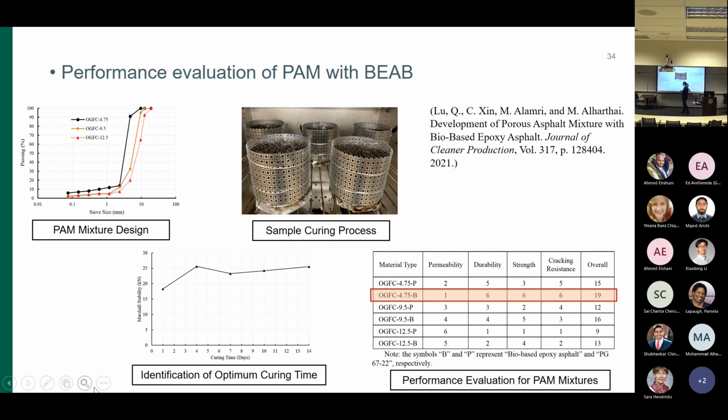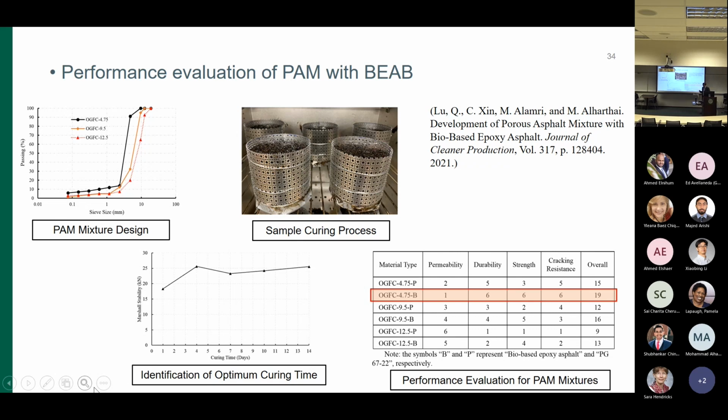with aggregates, made porous asphalt mixture specimens, and we evaluated the properties of the porous asphalt mixture specimens in terms of permeability, durability, internal strength, and cracking resistance.